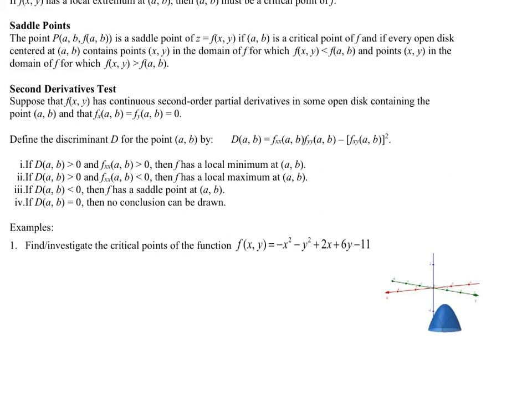So suppose that the function has continuous second order partial derivatives in some open disk containing the point a, b, and that my first order partials are equal to 0. All right, that part should make sense. The first order partials being equal to 0, that's saying that the rate of change is equal to 0, which really is just talking about a horizontal, all right?